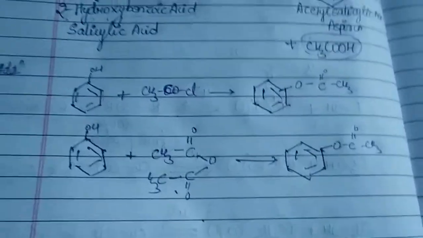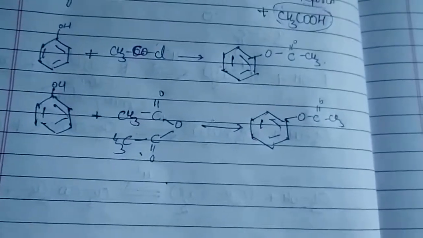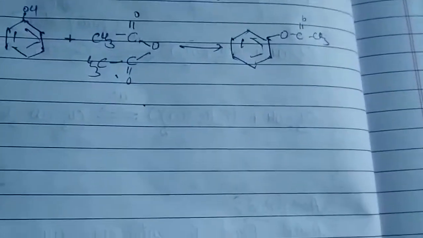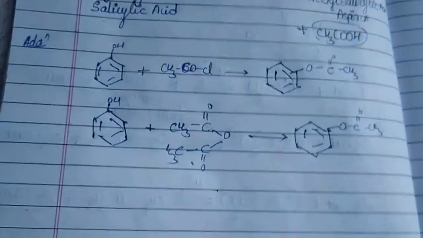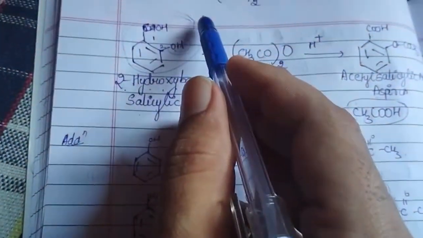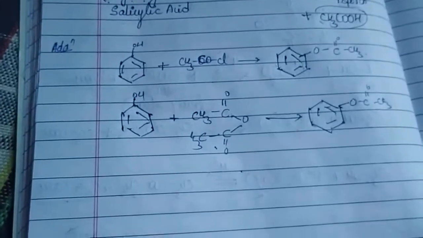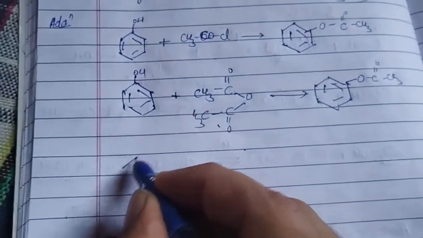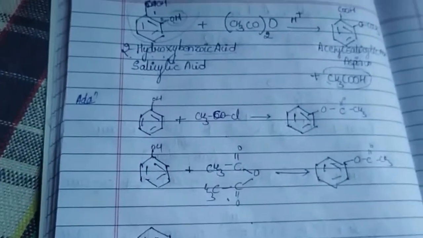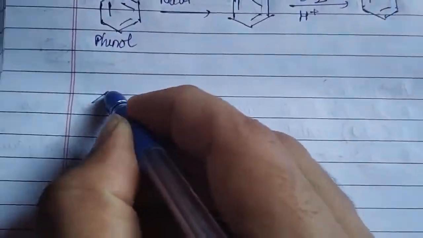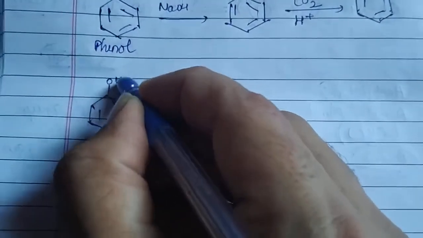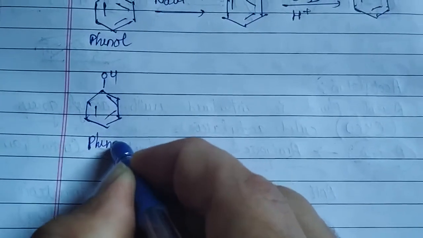Is that clear? But what I want to suggest here is, remember guys, in your competitive exams they will not ask you directly. Why I'm saying this? Because first and foremost, whatever important reactant we are choosing here, salicylic acid, let us first know how it is prepared. Remember, when benzene is attached with an alcoholic group, it is called phenol.